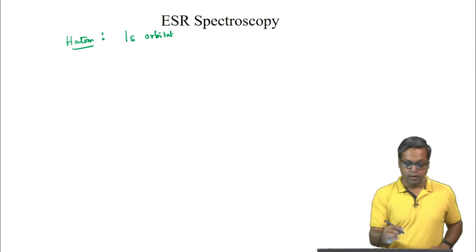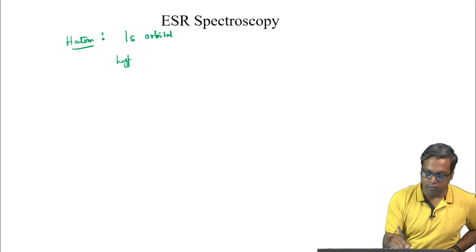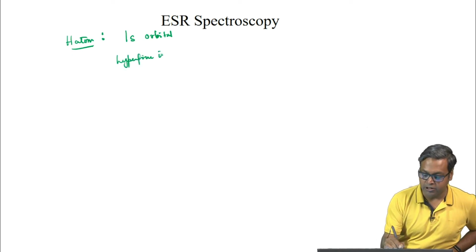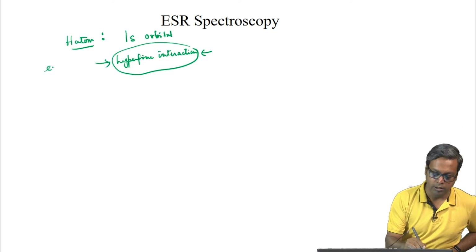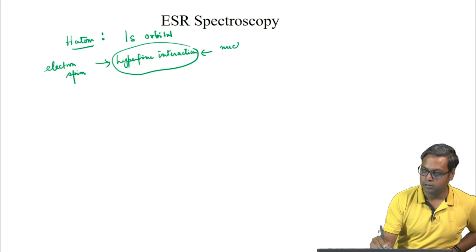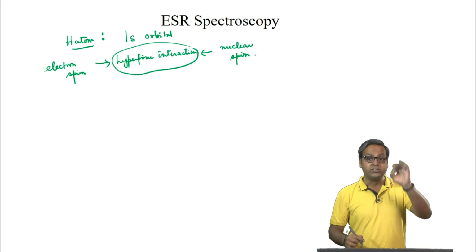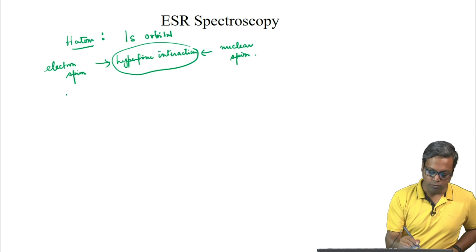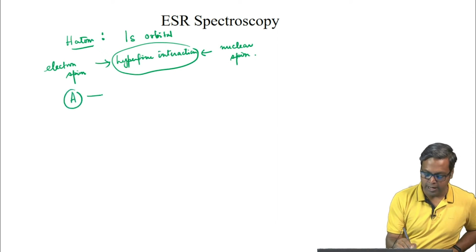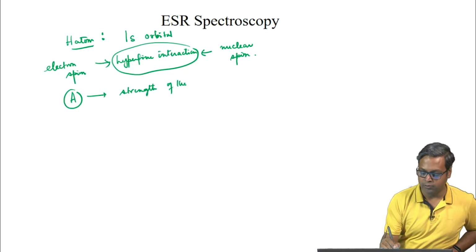Again, this hyperfine interaction is the interaction between the electron spin and the nuclear spin. The strength of this interaction is denoted by a parameter A.